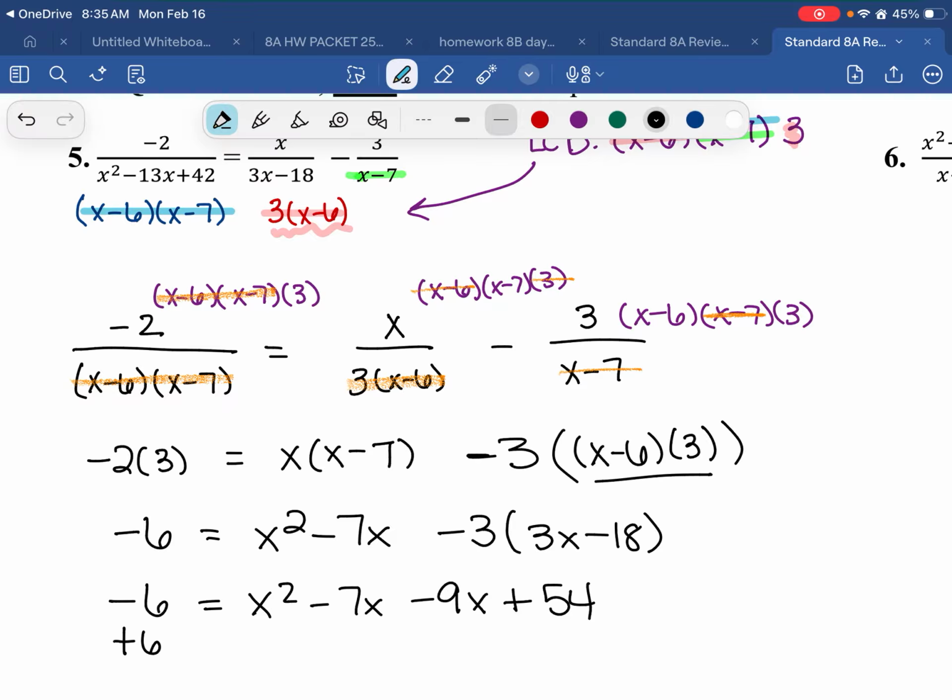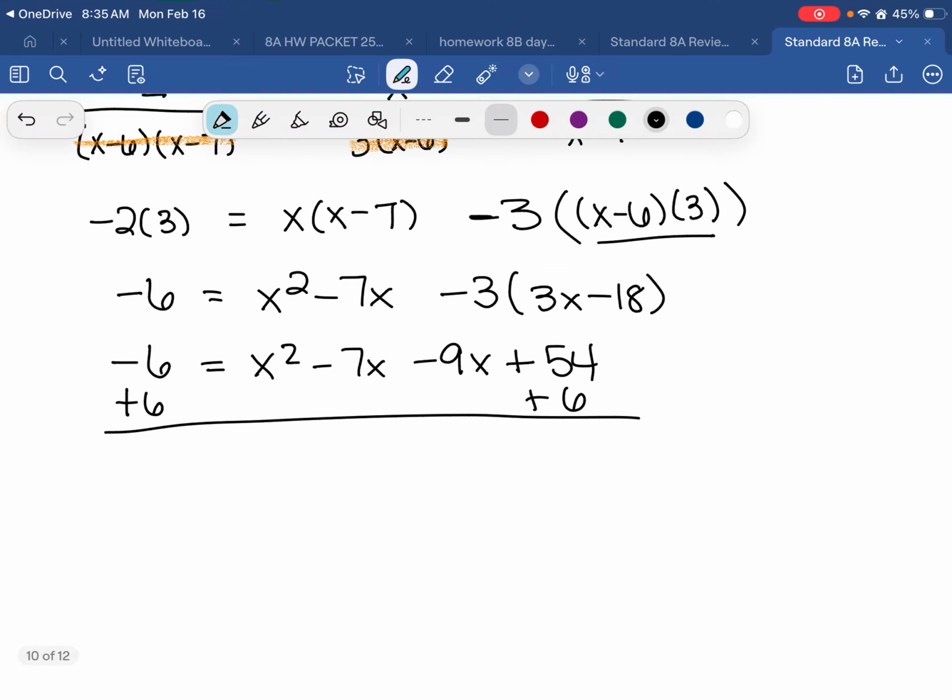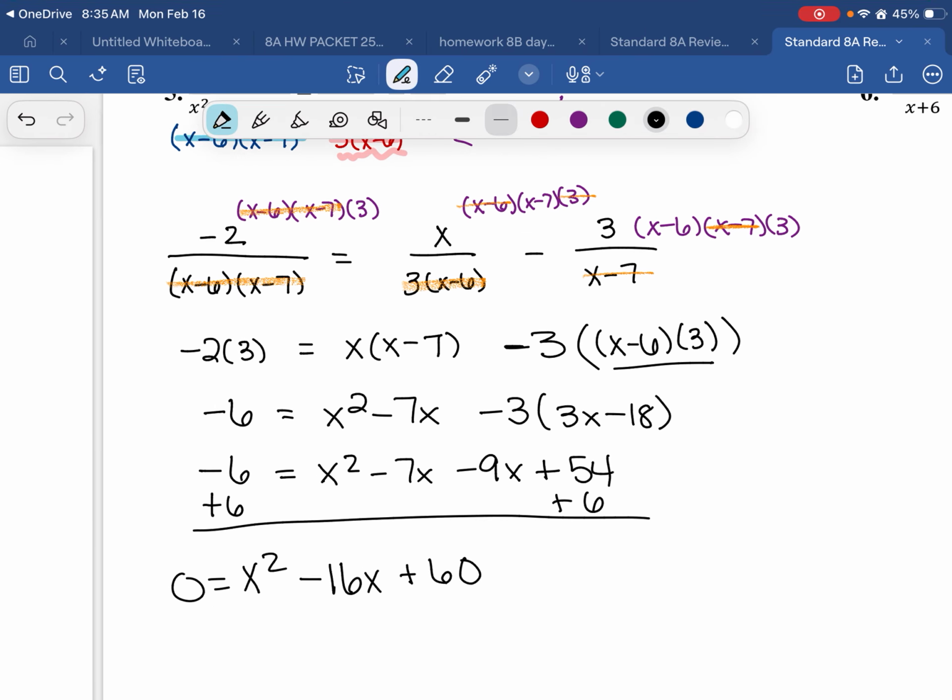I'm going to add 6 to the other side, and then combine all my like terms. So I have x squared minus 16x plus 60.